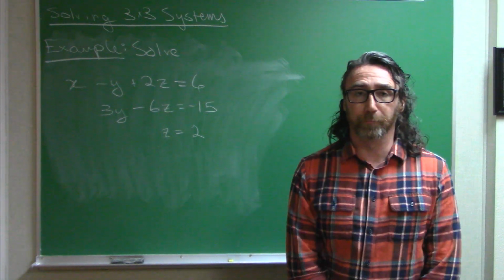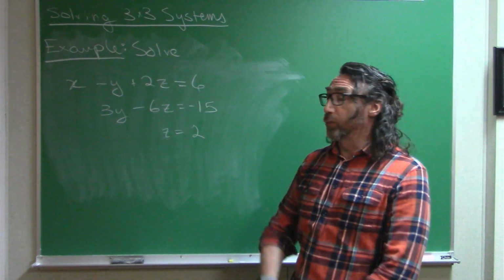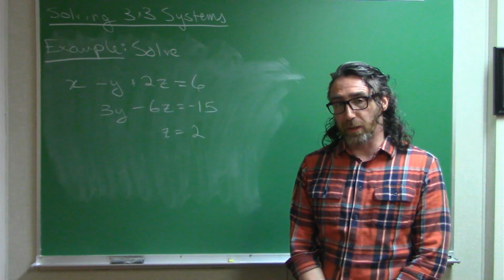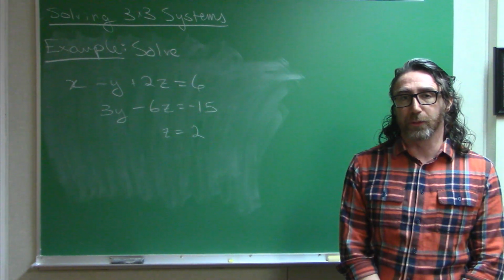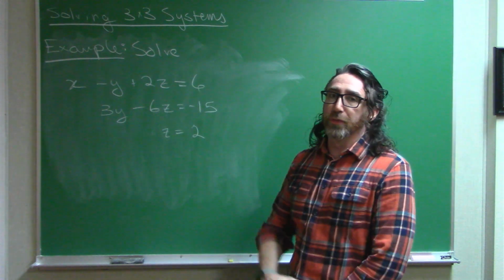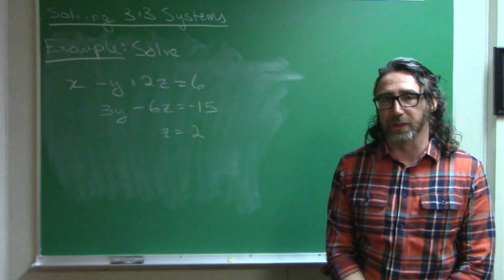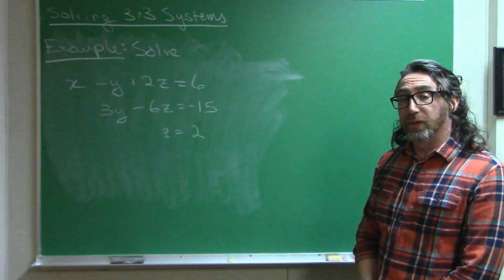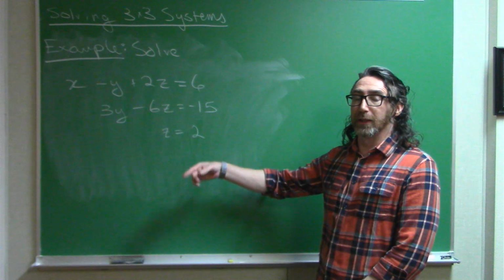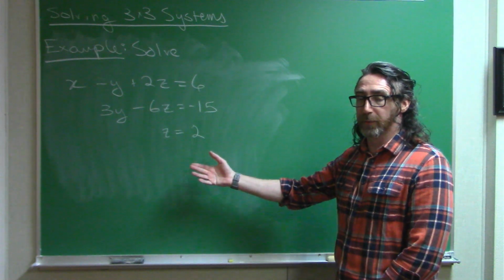All right, so 3 equations, 3 unknowns, x, y, and z. This will be considered solved when we have values for all 3 variables that satisfy all 3 equations simultaneously. Now, the good thing about the system like it is here is the last equation is already solved.